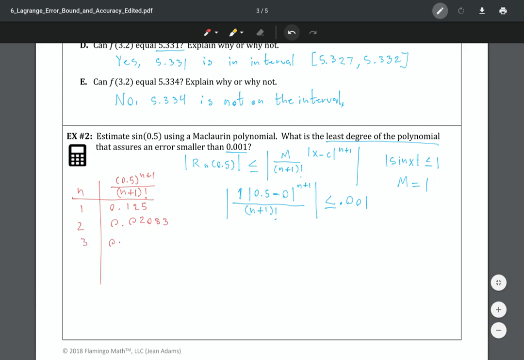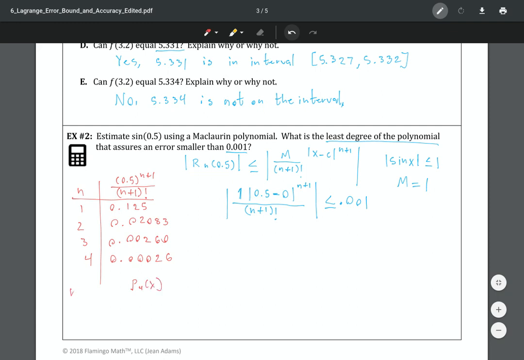As you can tell, I haven't really achieved that yet. So by the fourth one, I get an error that's smaller than 0.001. Okay, so basically I would have to do a polynomial degree 4. So n is equal to 4.